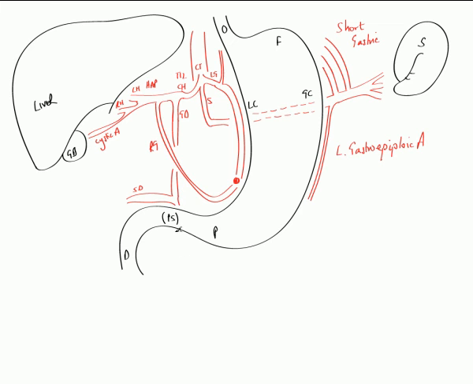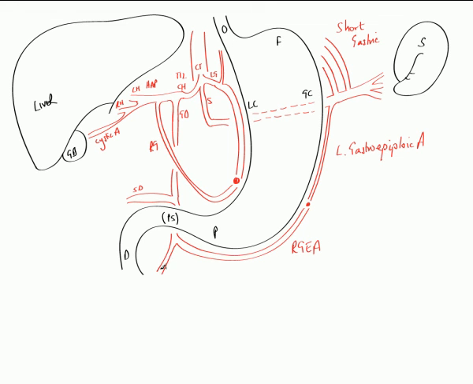And then once it's passed underneath the duodenum, it also splits into two. It splits into a significant branch that also runs around the greater curvature, and this is known as your right gastroepiploic artery. This artery is going to go and anastomose with the left gastroepiploic artery. So here's our right gastroepiploic artery.